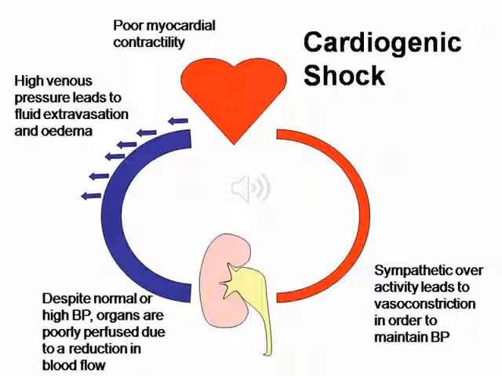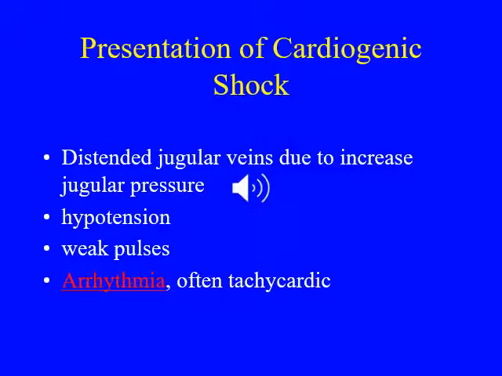But despite this normal blood pressure, the organs are still poorly perfused due to the severe reduction in the blood flow. So patients with cardiogenic shock will present with distended jugular veins due to increased venous pressure.